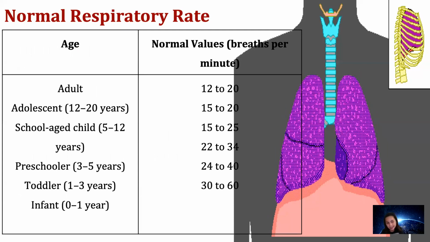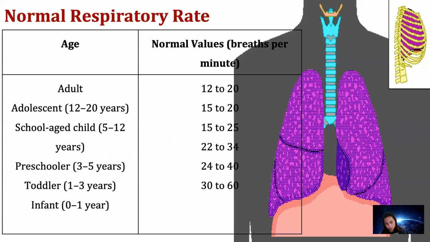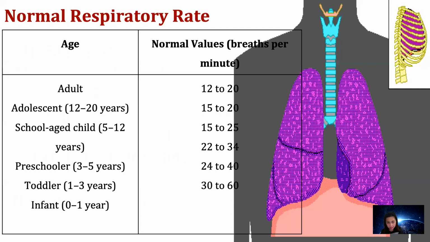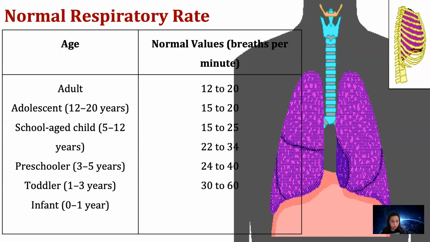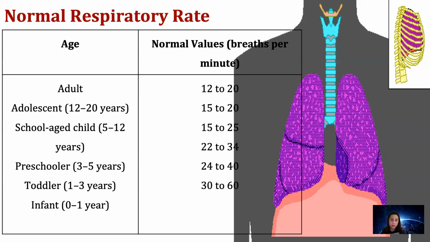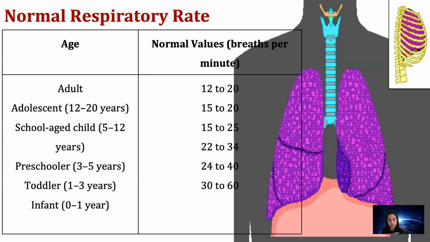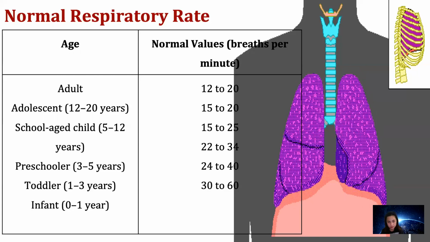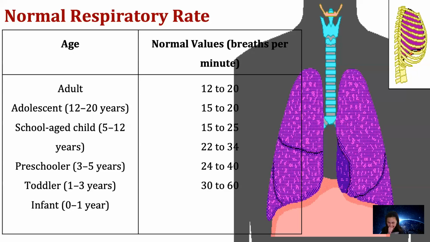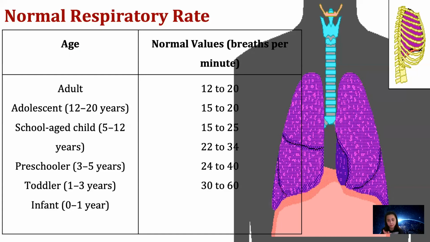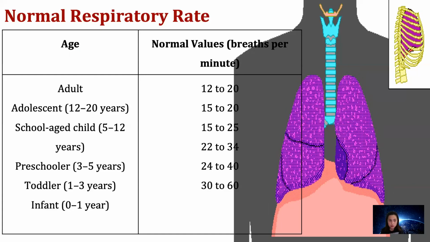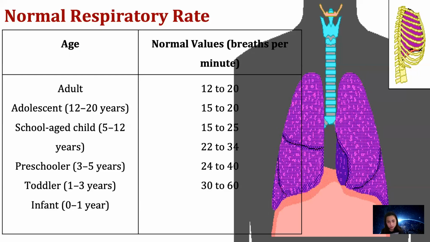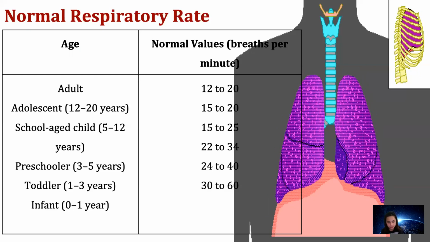So these are the normal values of respiratory rate. So we have the adult. Again, you need to include the units when I'm asking what the normal values are. So the adult normal respiratory rate is 12 to 20 breaths per minute. Pulse rate is beats per minute. Sometimes you interchange them. So pulse rate is beats per minute, while respiratory rate is breaths per minute.